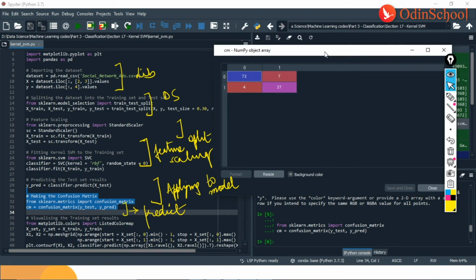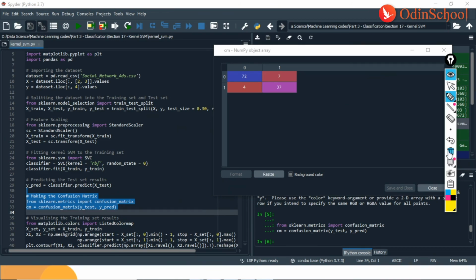This is the confusion matrix that we have obtained. And what does the confusion matrix say? It says 72 plus 37, that is 109 by 11, which is still a better deal.